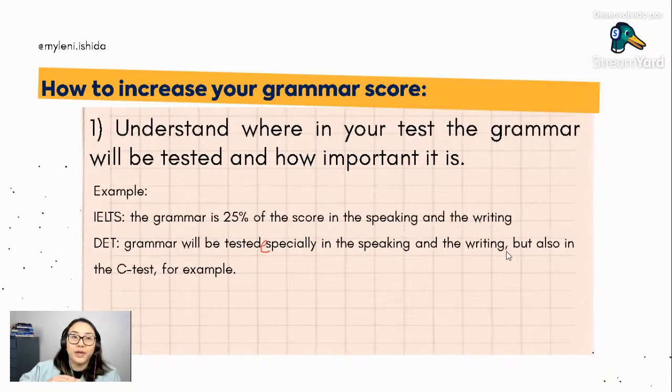If you hesitate a lot, imagine you have a perfect grammar, but you hesitated a lot, your grammar will be okay, but your hesitation will not help you. Can you see? On the other hand, you can speak really fast, but with many mistakes. We need to have a balance between speaking fast and not making grammar mistakes. This is the kind of thing you need to be really familiar with when you study for a test.